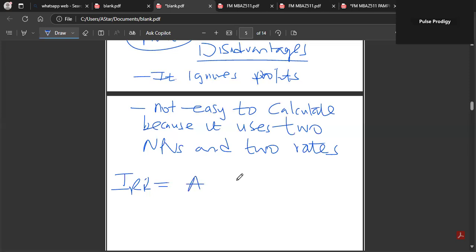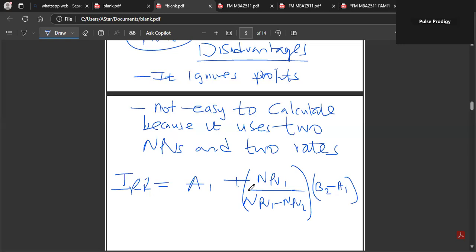I'm sure it's A1 plus NPV1 over NPV1 minus NPV2, times B2 minus A1. Are we together here for this one? Are we together so far?